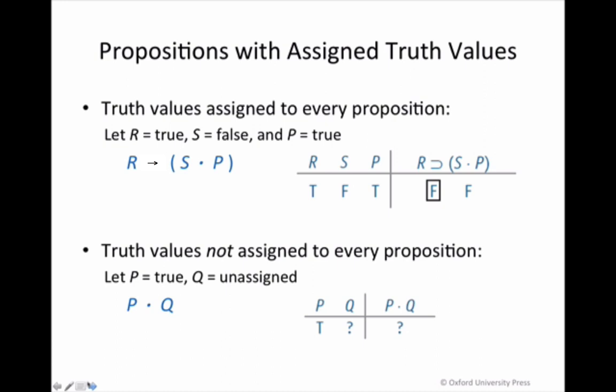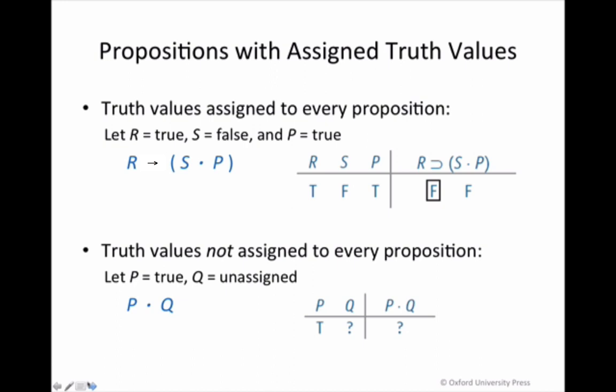What about the second example? What if the truth values are not assigned to every proposition? So suppose that you are given the sentence P dot Q and you know that P is true. If P is true and we don't know what Q is, we don't have any way of determining what the sentence's value is.